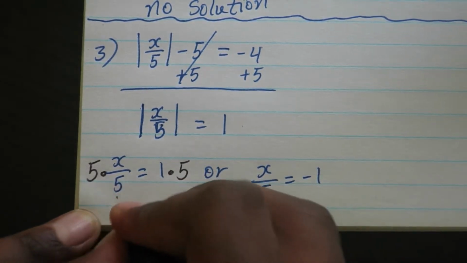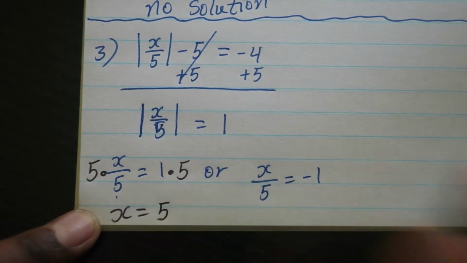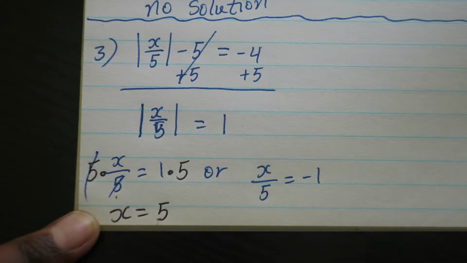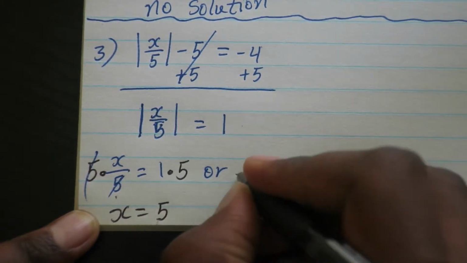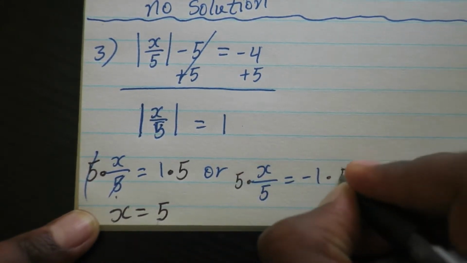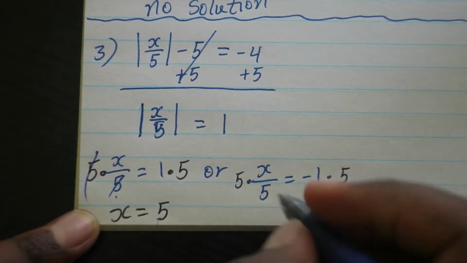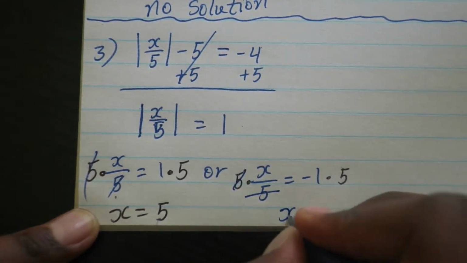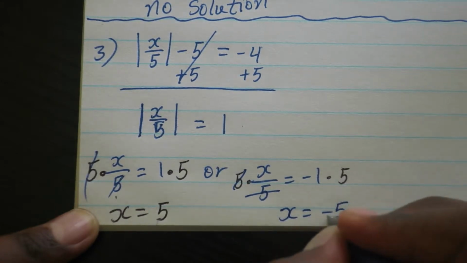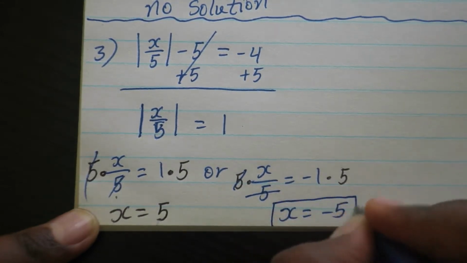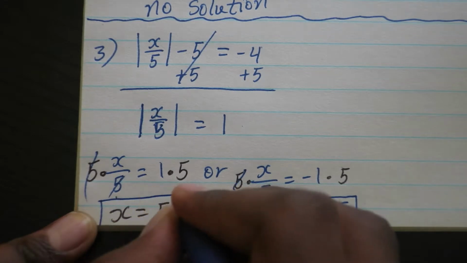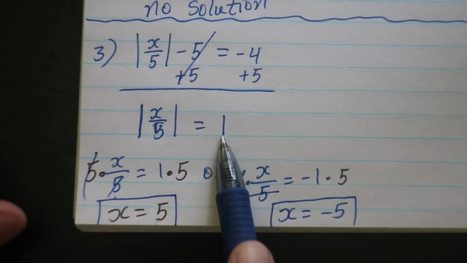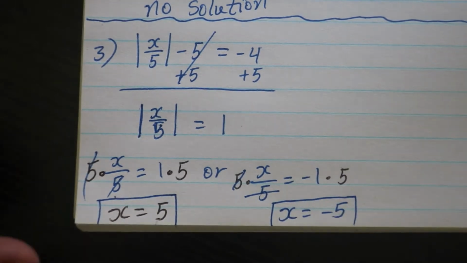So you get x equals 5. Otherwise, the 5s cancel out. And then if I multiply this by 5, multiply that by 5, this 5 and this 5 cross out. You get x equals negative 5 as an answer. So there's two answers for this problem. So every time your k value is positive, you're going to end up with two solutions. Remember that.